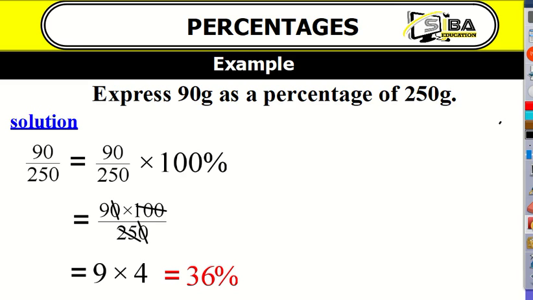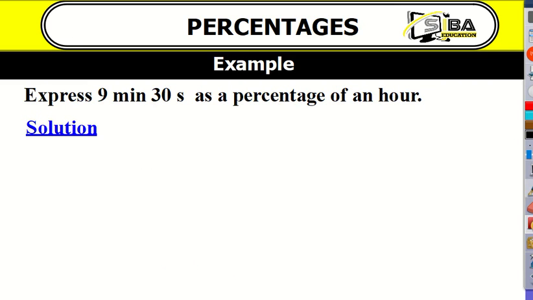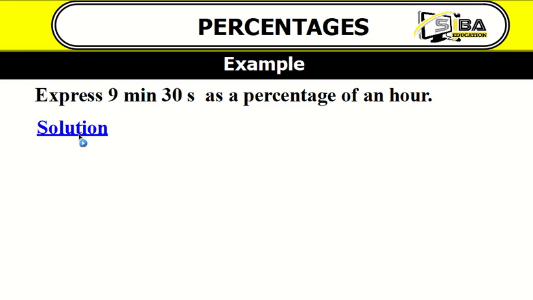Now let's see the other one, which is 9 minutes 30 seconds as a percentage of an hour. An hour means 1 hour. Please pay attention and watch how we are going to solve this.